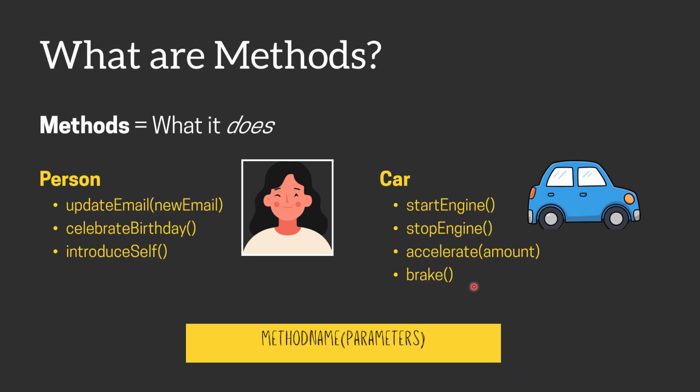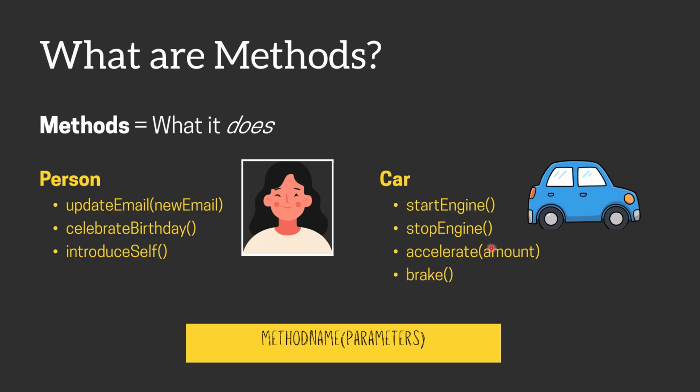accelerate, and brake. Now, when you write methods, they usually look like this: method name and then the parameters. So for example, update email has the parameter of the new email, so that you'll know what the new email is to feed into that method.